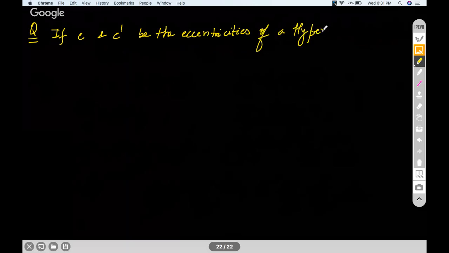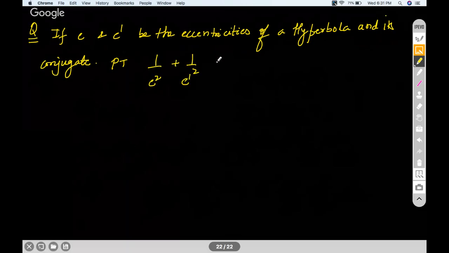Next question. If e and e dash be the eccentricities of a hyperbola and its conjugate, then prove that 1 by e square plus 1 by e dash square is equal to 1.